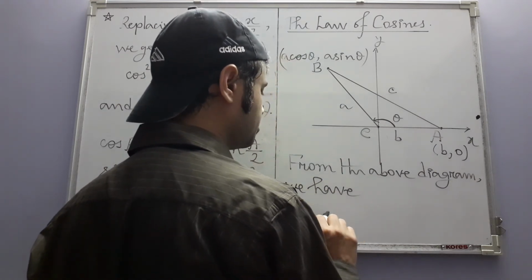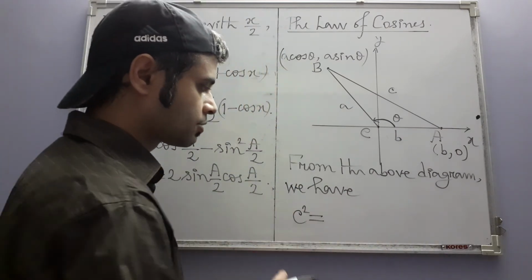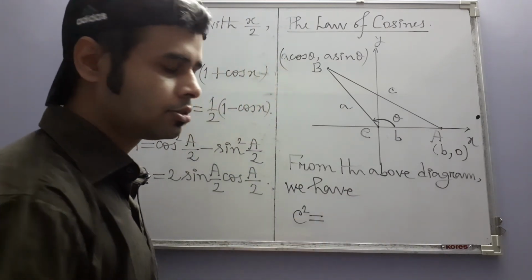This is equal to sum of the squares of the difference of x coordinates and difference of y coordinates, usual distance formula.